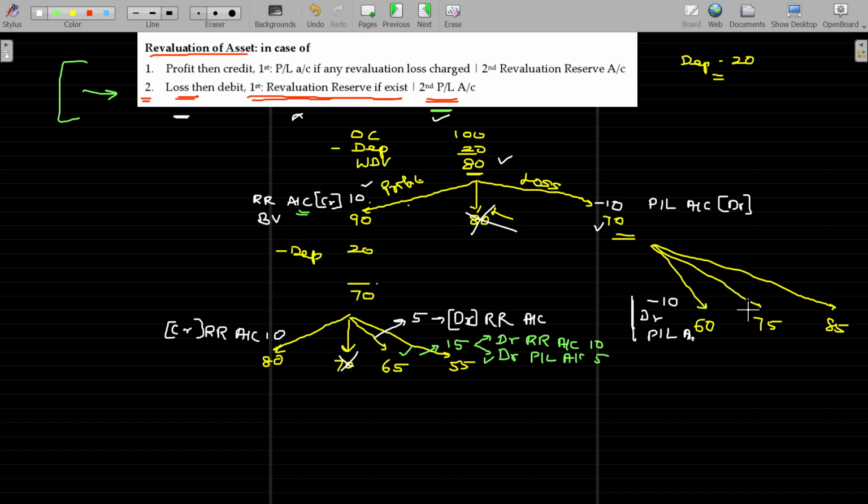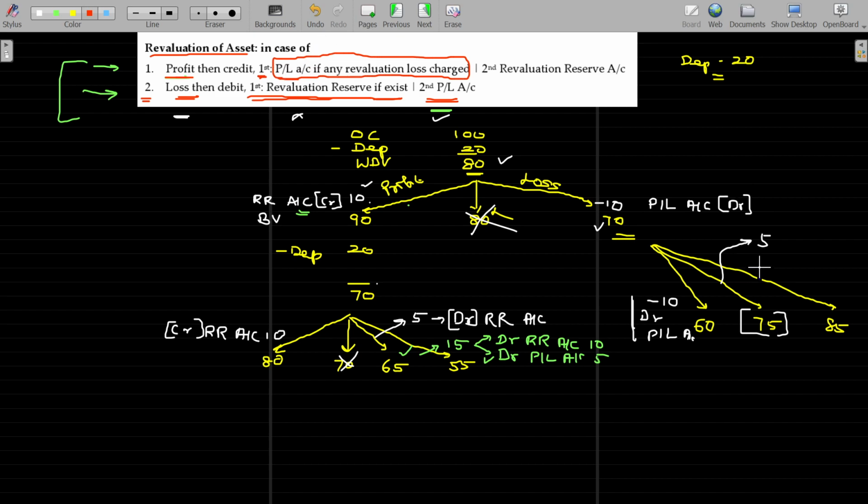If it is being 75, then what happened here? We have a gain. In this scenario, when there is a gain, now go for rule number 1. Profit. In case of profit, first, what do you do? Credit in the P&L account if any revaluation loss was charged earlier. Okay.